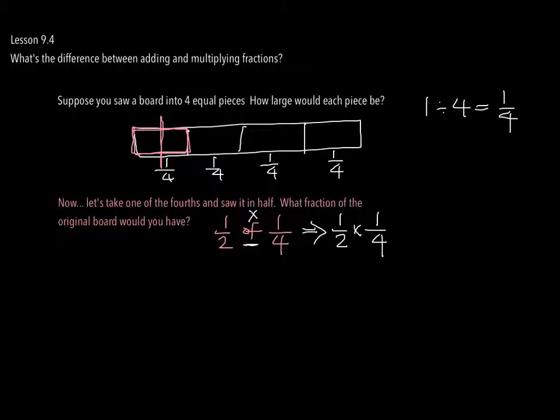Now, we don't really know how to do that multiplication piece yet. So I'm going to color this piece in because this is what we're wondering. But now we're going to take each board and pretend to cut that in half, and by doing that, we're going to figure out what size this is. So now I have 1, 2, 3, 4, 5, 6, 7, 8. What I've done is I've taken my 4th, cut it in half, and now I've created a piece that is 1/8.